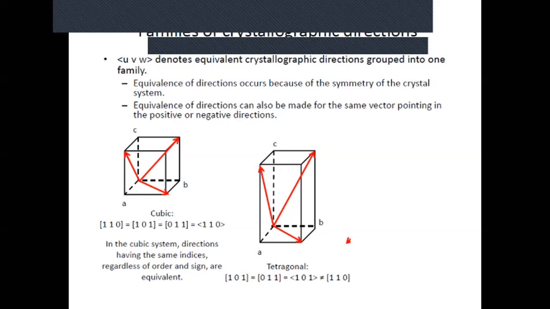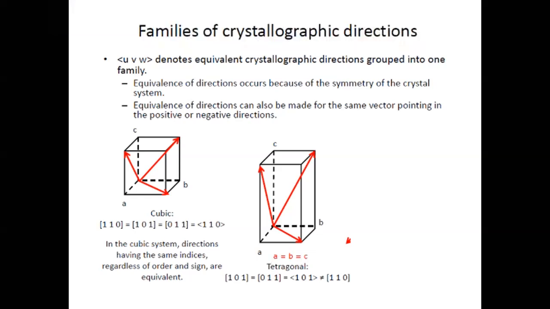So the 1, 0, 1 family would include these and their corresponding negative directions. But it's not equal to the 1, 1, 0 because A equals B doesn't equal C. So that is not an equivalent direction.